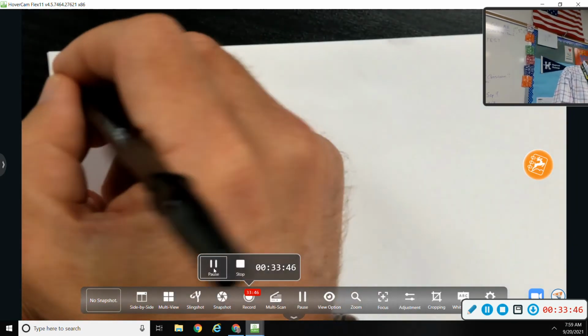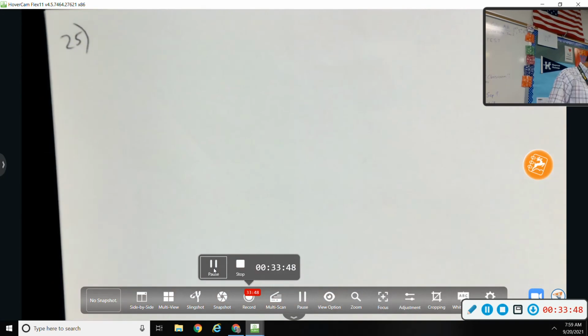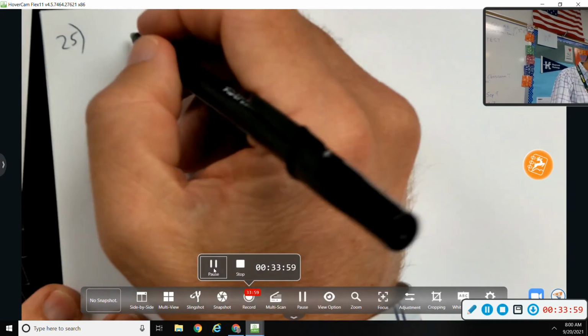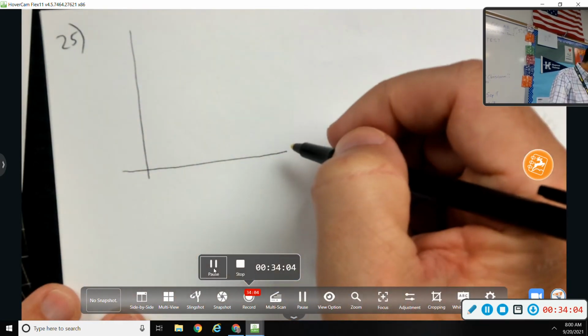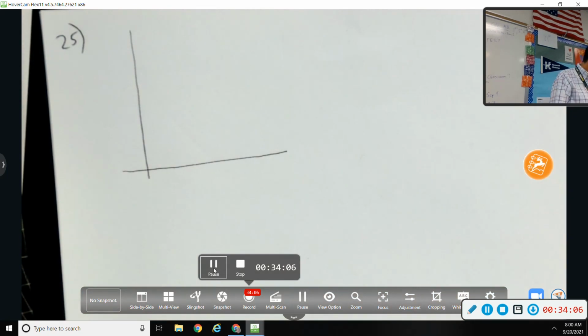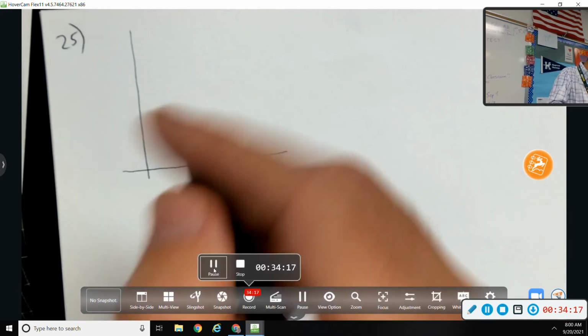Number 25. Air traffic controller spots 2 planes at the same altitude converging on a point. And by the way, there is a picture for this, so if the words don't really make sense, the picture there hopefully helps. This looks like it might be another a squared plus b squared equals c squared thing. As they fly at right angles to each other, see the figure. One plane is 225 miles from the point, moving at 450 miles an hour.